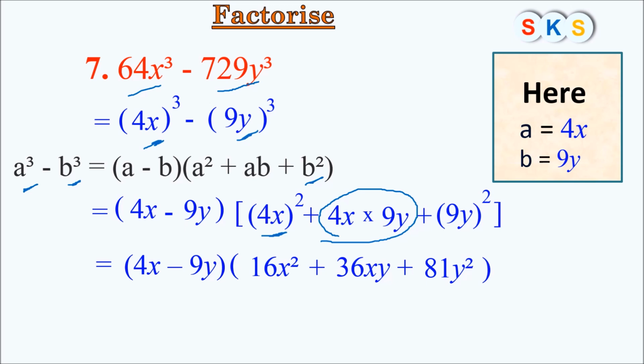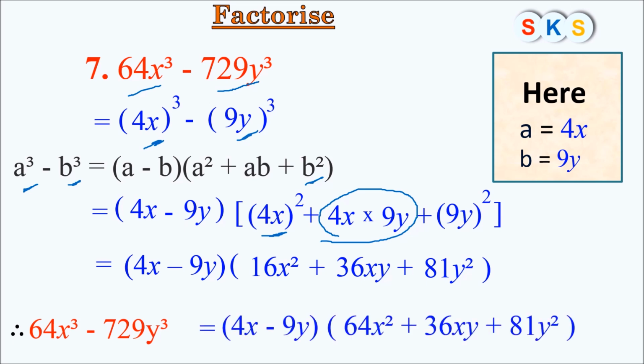Now it cannot be simplified further, so the final answer is 64x raised to 3 minus 729y cube equals 4x minus 9y into 16x square plus 36xy plus 81y square.